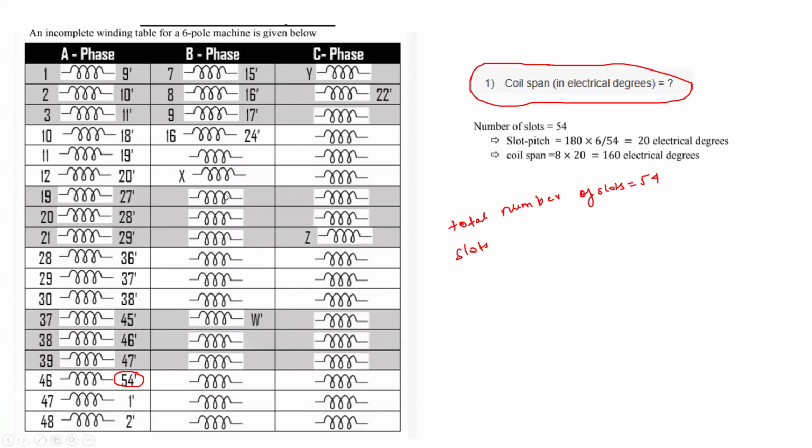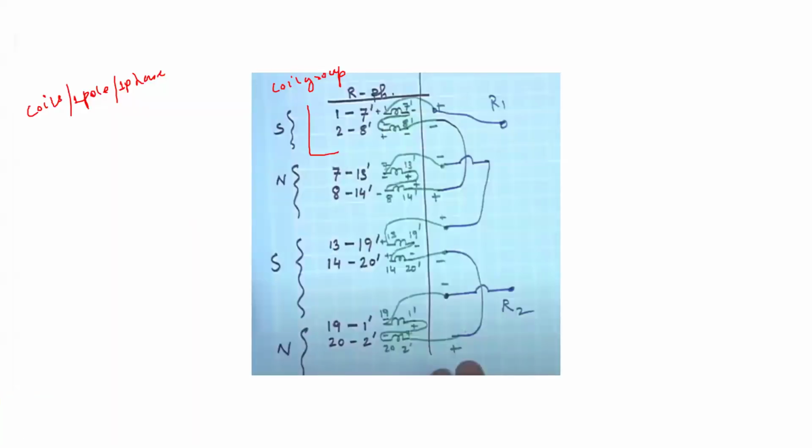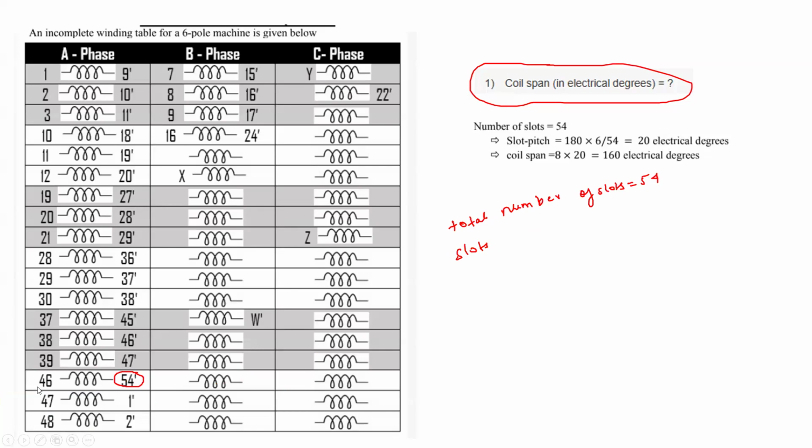So how do we know? You can do it in two ways. One is you find slots per pole. So 54 by 6, since this is a 6 pole machine, which gives you 9.